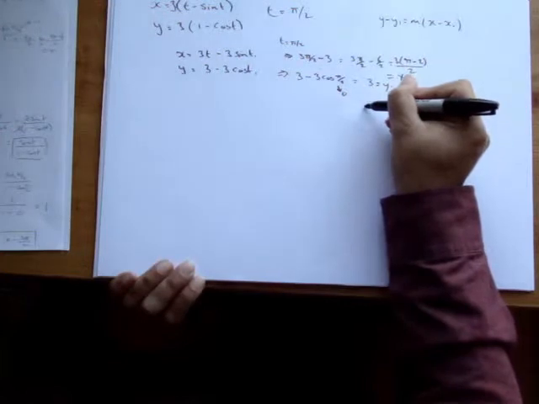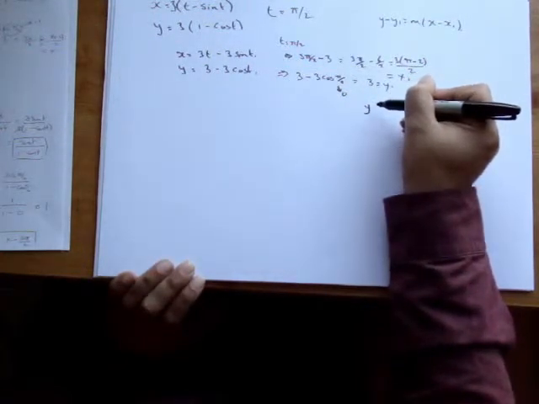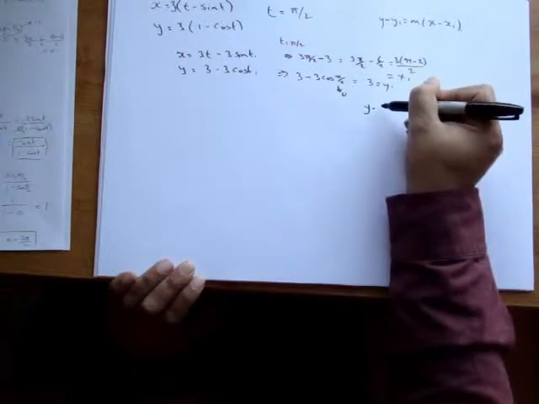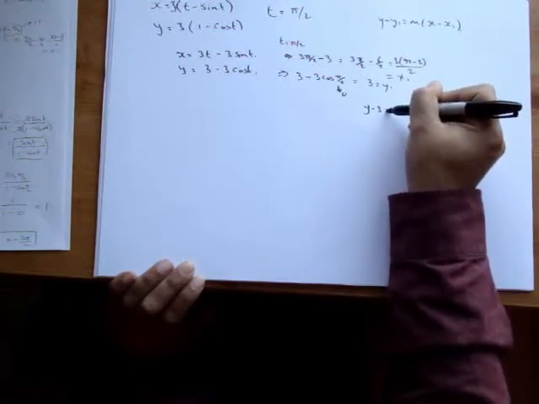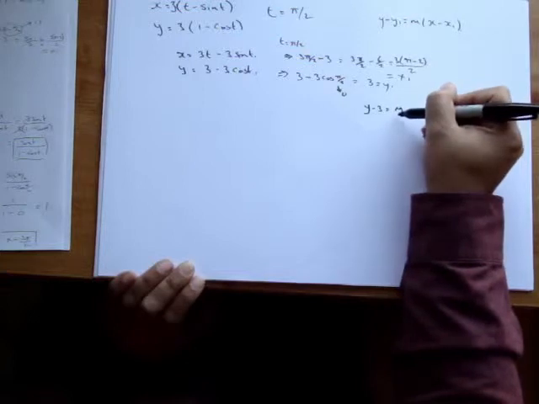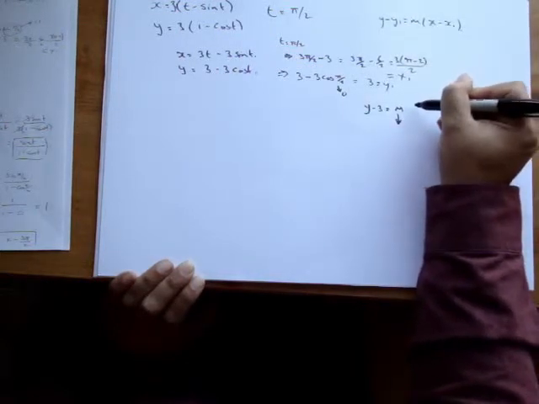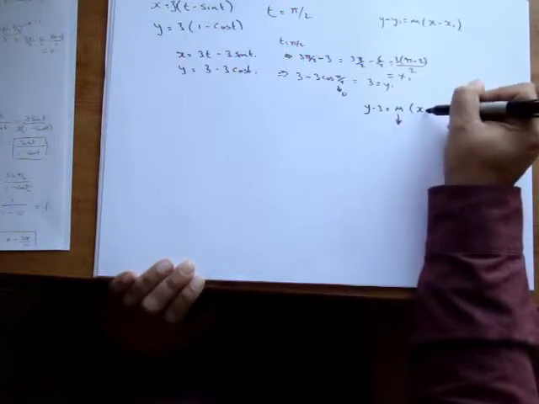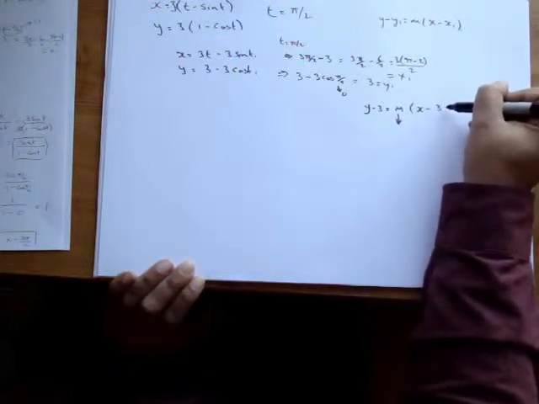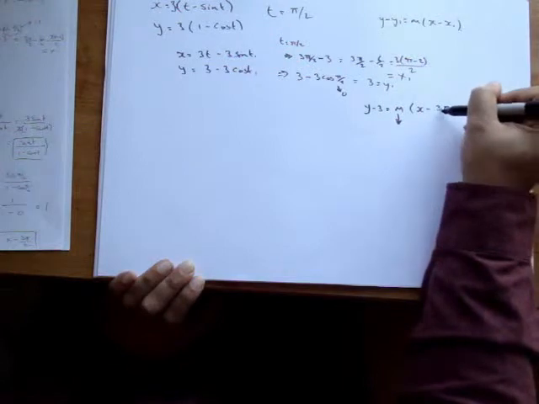So the formula for the tangent or the line at t equals pi over 2 becomes y minus 3 equals m, which we're going to find using parametric differentiation, times x minus 3(pi minus 2) over 2.